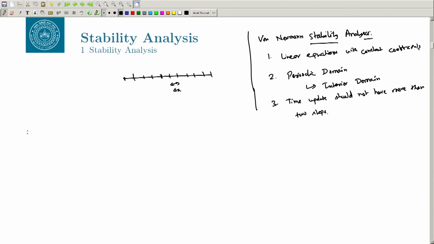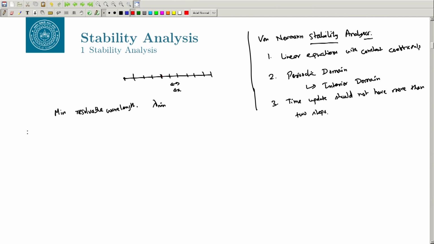So, what is the minimum wavelength that you can resolve with this? That is lambda minimum, the minimum resolvable wavelength. If you look at it, the grid size is delta x.